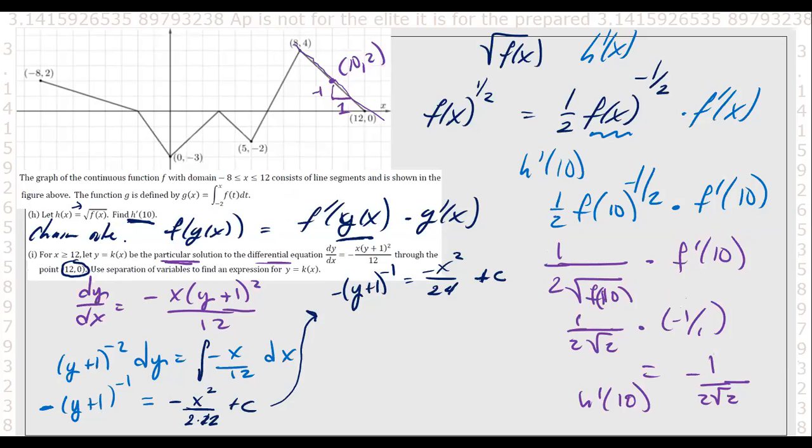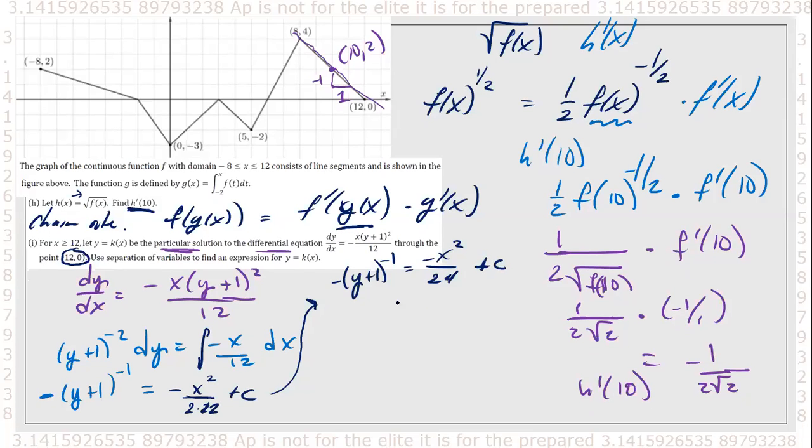I got that it gave me a 5. Yeah, so c, once you substitute 12 and 0, 0 for the y and 12 for the x's, I got that c equals 5.